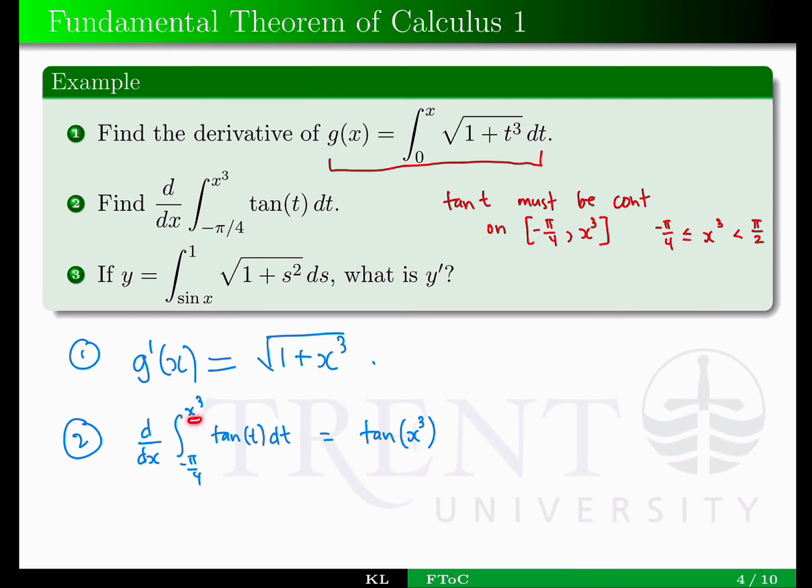But since this is x cubed, we need to apply the chain rule. We need to multiply this expression by the derivative of x cubed, so times 3x squared. So this will be the derivative of the integral from negative pi over 4 to x cubed of tangent t dt. Okay?